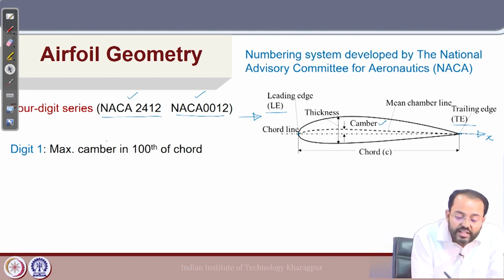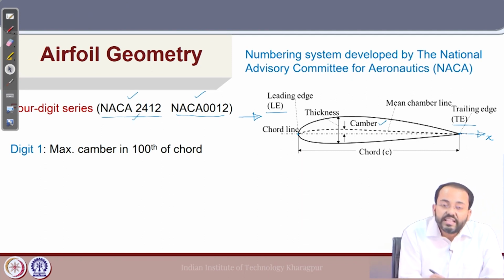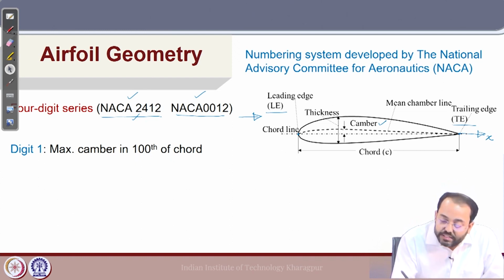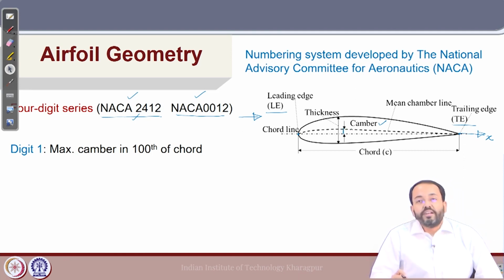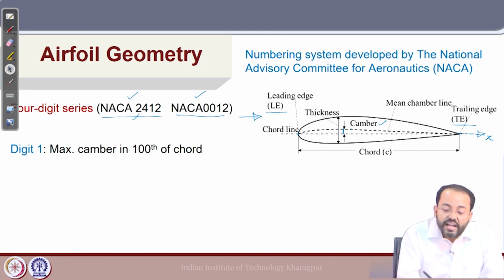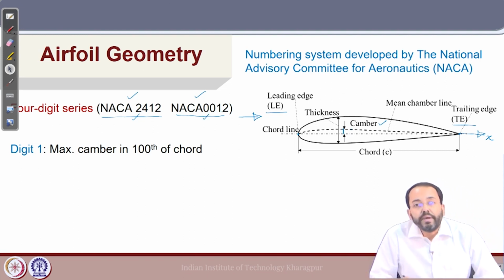The first digit here, which is 2, is the maximum camber in 100th of chord. That means this maximum camber is 2 by 100, that is 2% of the chord length of the section. For the next case, NACA 0012, the maximum camber is 0, that means the foil has no camber.